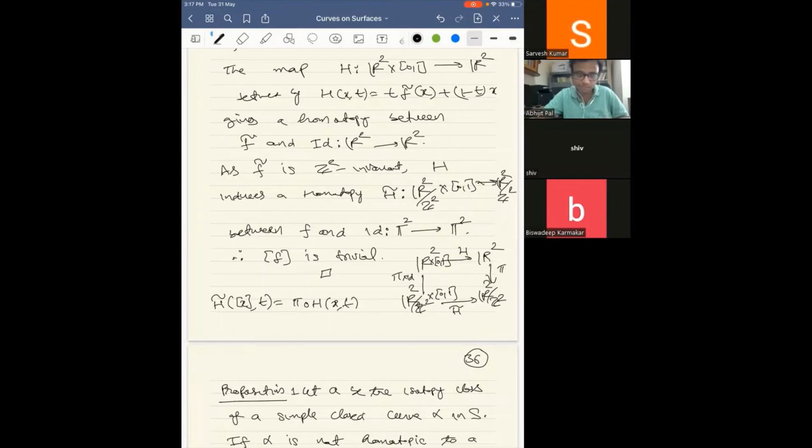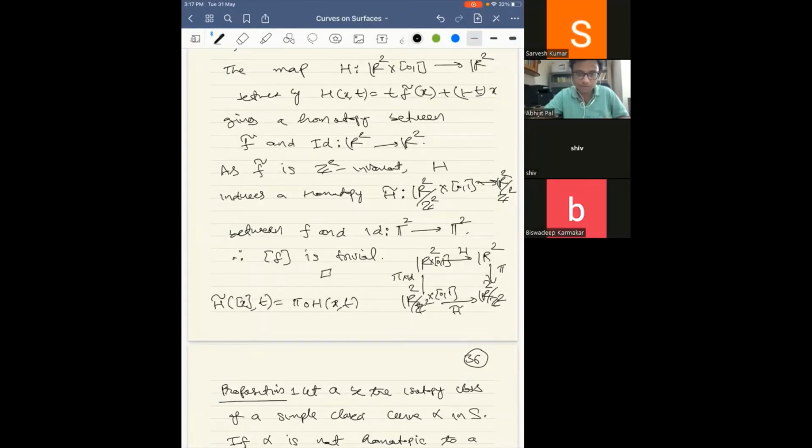Now H tilde of the point S comma T is equal to, we can write, pi compose H of X1 of T first of all. And since both are on the same image, they differ by deck transformations.